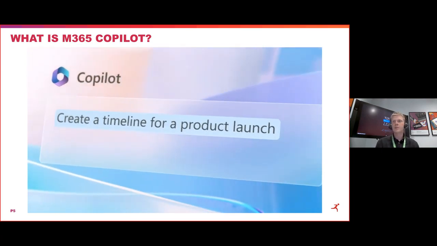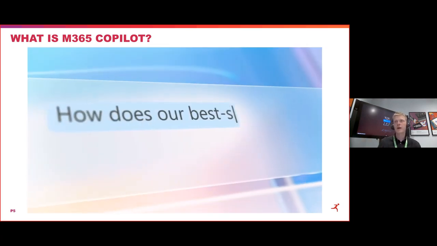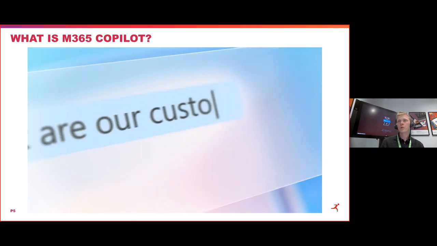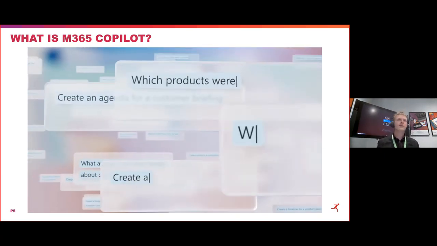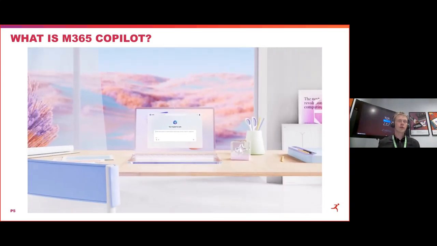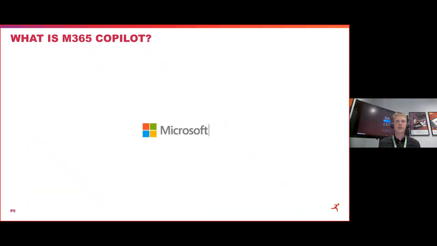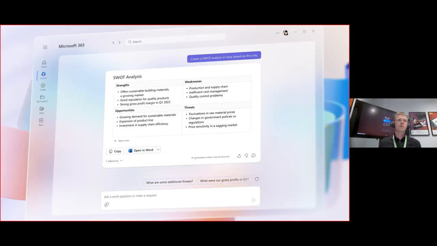For example, in Excel, it will be able to create spreadsheets and analyze data, and in Power Automate, it will be able to modify your flow using your prompts in natural language. So that's a very quick overview of what Copilot is, and it's dubbed as probably the most impactful productivity tool announced recently.